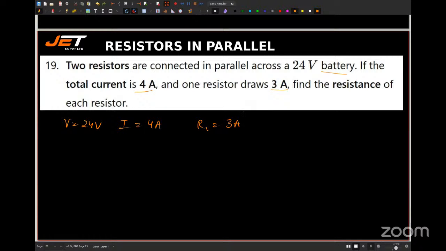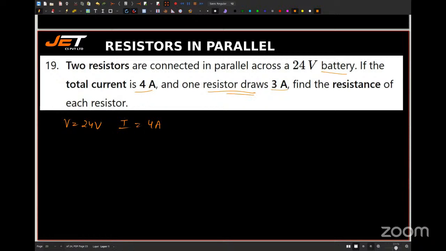How do you find out? I'll wait for 2 minutes to see how many of you can answer this question. So it is given that one resistor draws 3 amperes, find the resistance of each resistor.